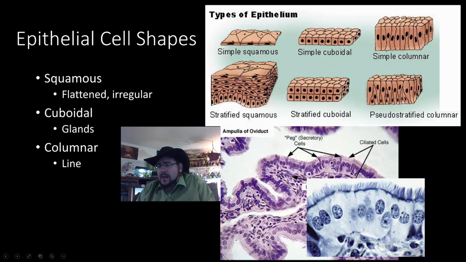Columns. But columnar epithelium is not just simple and stratified. Rather, we have what's called pseudo-stratified. Pseudo-stratified columnar epithelium is basically, if you look at this picture, we do not have multiple layers, but we sort of have in-between layers.